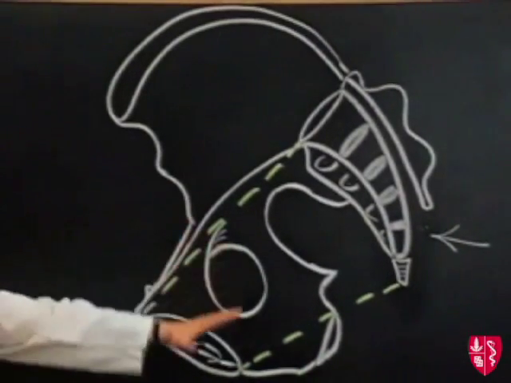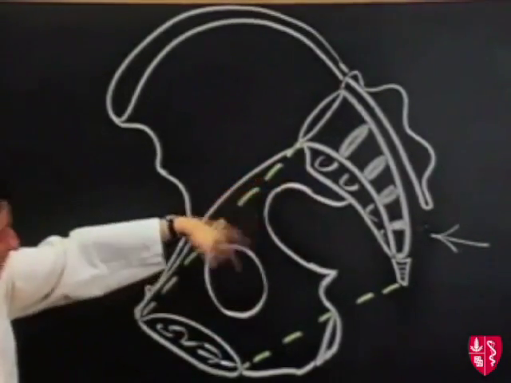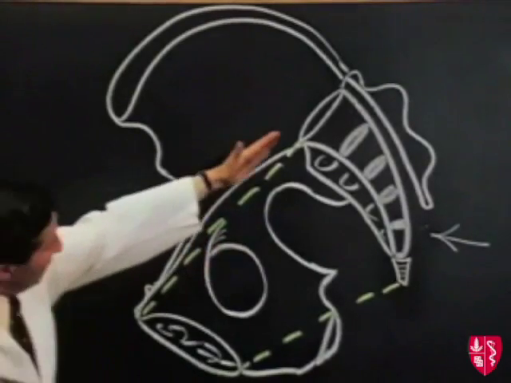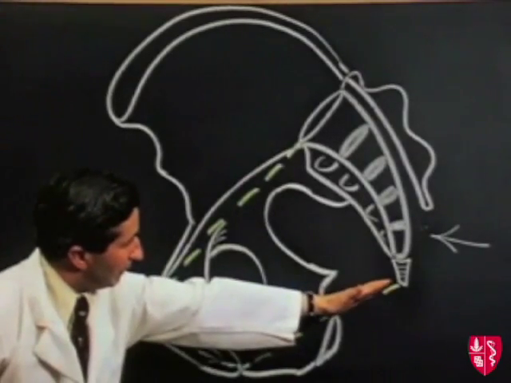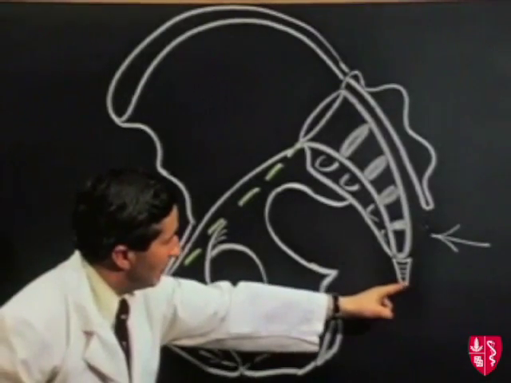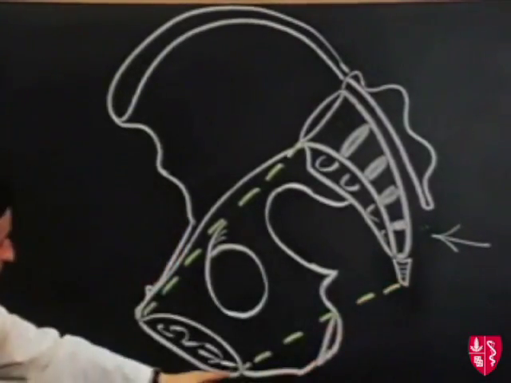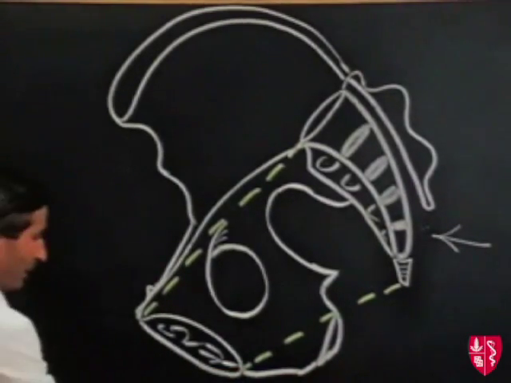So the true pelvis is the area here within the pelvic cavity between the inlet above and the outlet below. The outlet, this diagonal line going across here, extends from the tip of the coccyx forward to the lower margin of the symphysis pubis.